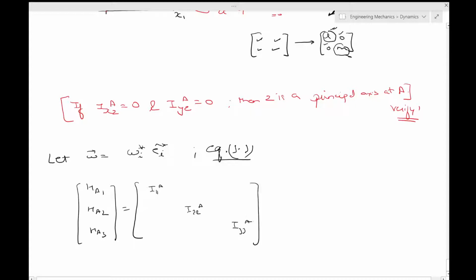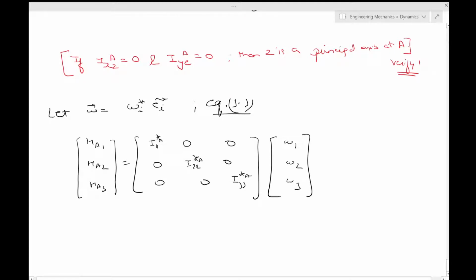Now I am putting a star over it just to indicate that these are the principal moments, principal moments of inertia. And here it would again be omega 1, omega 2 and omega 3. Since it's a principal system, you have this.